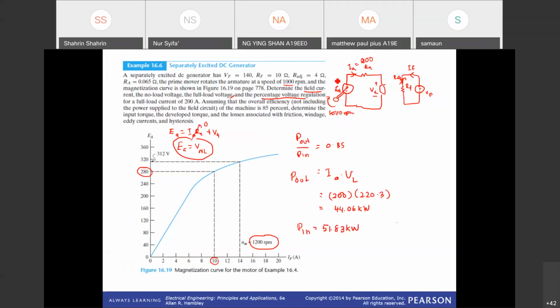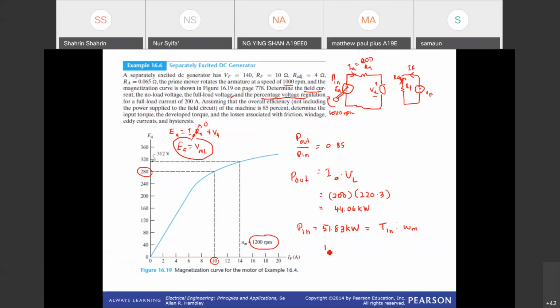We know that P in is the mechanical input, equivalent to the input torque multiplied by the speed of the motor. The speed of the motor is 1000 RPM, but you need to convert it into radian per second.